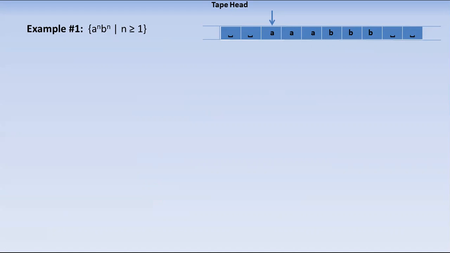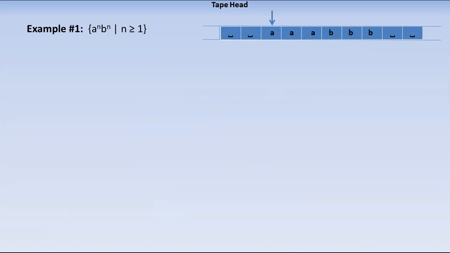So for every symbol we read, we replace it with something: whenever I read A, I replace it with X, and whenever I read B, I replace it with Y, say. So to make sure which A or B is processed and which is unprocessed, now let us start our process.